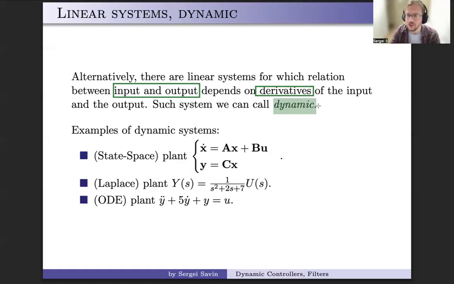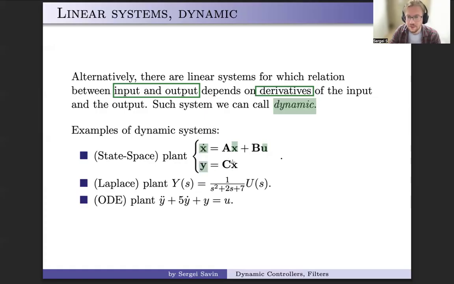It's not just the inputs and outputs themselves, but the derivatives which relate to each other. So for example, this is a dynamic system. And you remember from the very beginning, we were calling those dynamical systems. So U is not related to X. U is related to X dot as well. So it relates to X and X dot.